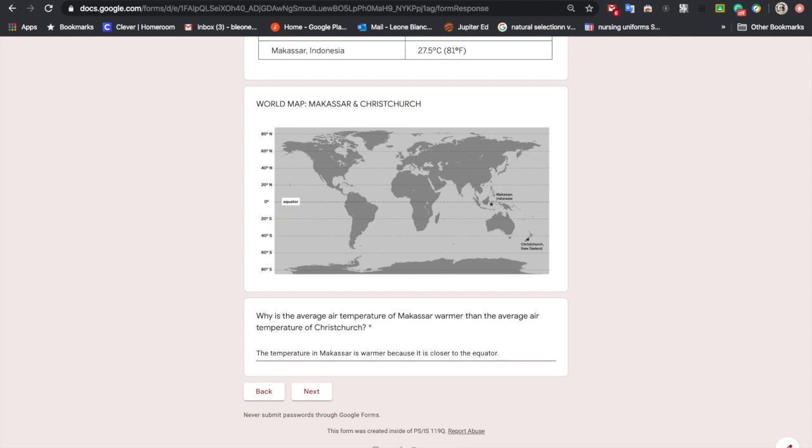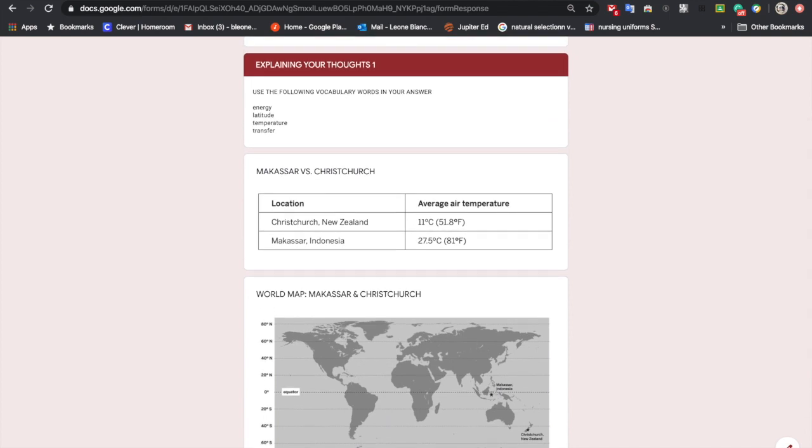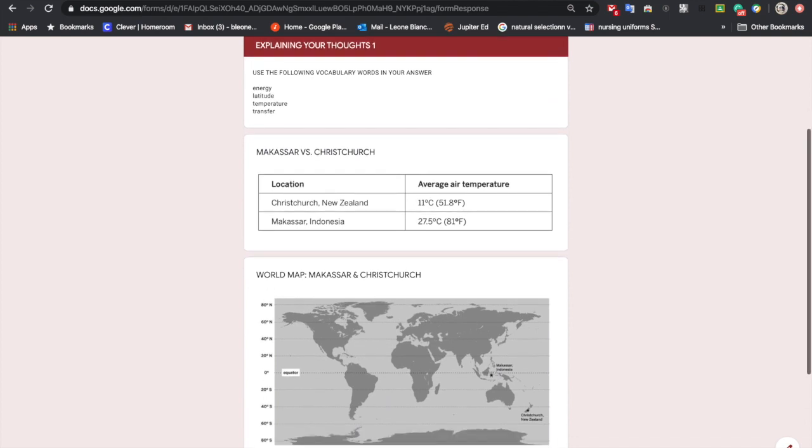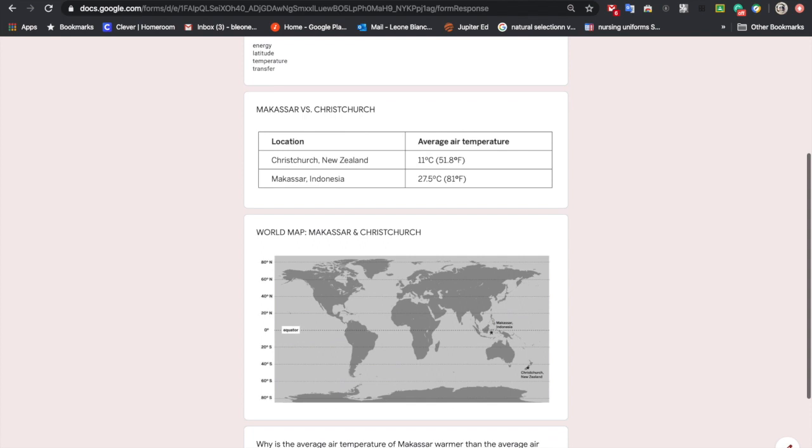This is one basic sentence, but I'm asking you to use energy, latitude, temperature, and transfer. So far, I've only used the word temperature.